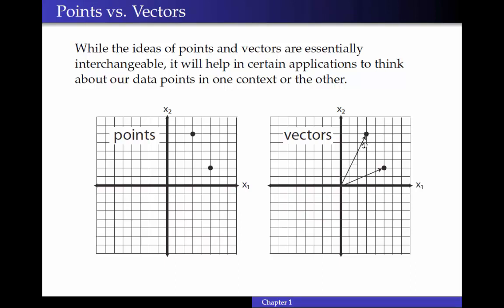And so it has this direction away from the origin and towards that point, and also a magnitude, which is the length of this distance here. So it's a subtle difference between the two, the points and the vectors, but really our data points, or the rows of our data matrix, are both things. They're a list of numbers which define either a point or a vector, depending on which way you are thinking about it.